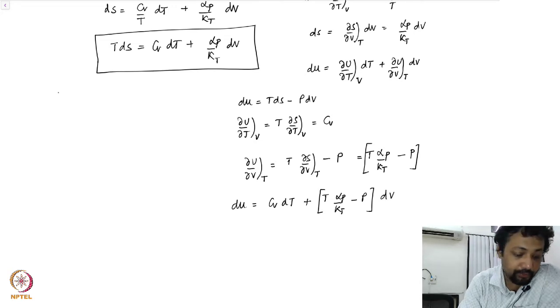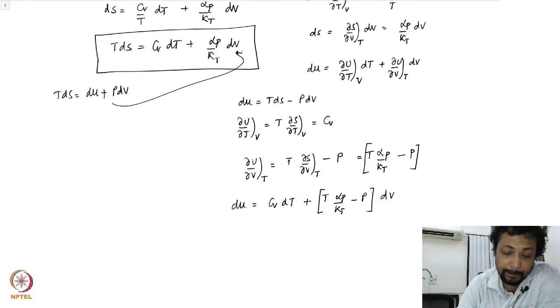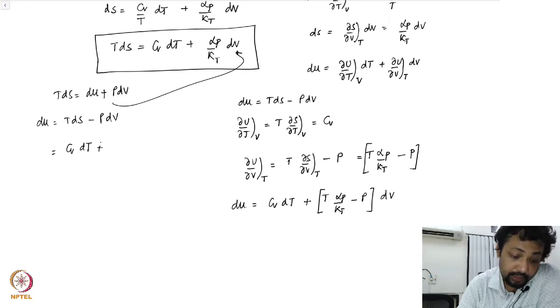Because you know that TdS is du plus P dV. So this becomes, it just adds to this, but I should have somewhere a plus sign, because this du is TdS minus P dV, which is equal to Cv dt plus alpha P over kappa T minus P dV.